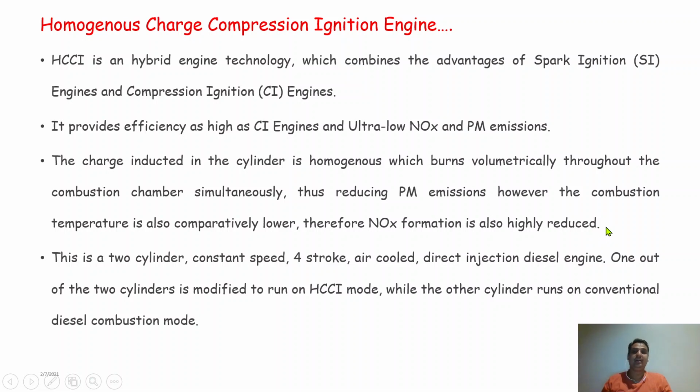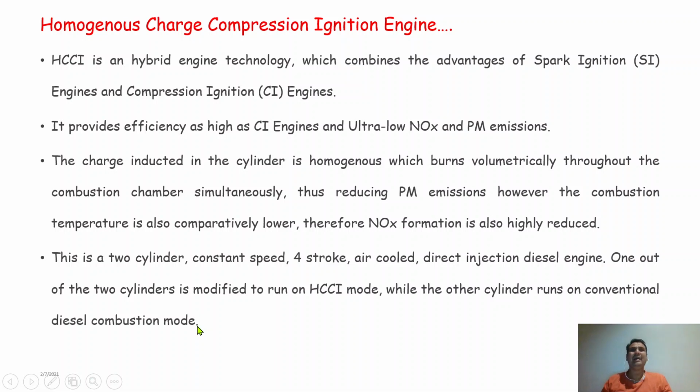Okay, so this is generally used in a single cylinder constant speed 4-stroke air cooled direct injection diesel engine. In this case, one out of two cylinders is modified to run on HCCI mode, while the other cylinder runs on conventional diesel combustion mode.